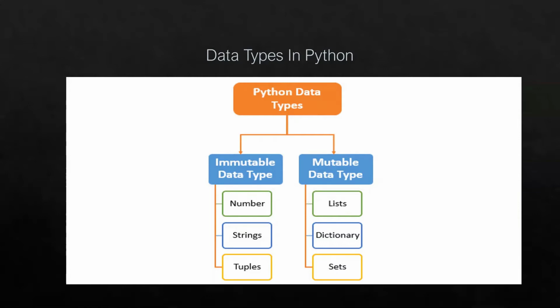The types in immutable data types are numbers, strings, tuples. Whereas in mutable we have lists, dictionaries, sets. So let us briefly discuss one by one, and let us start with immutable data types. In today's video, we are going to discuss these 3 and also examples practically.